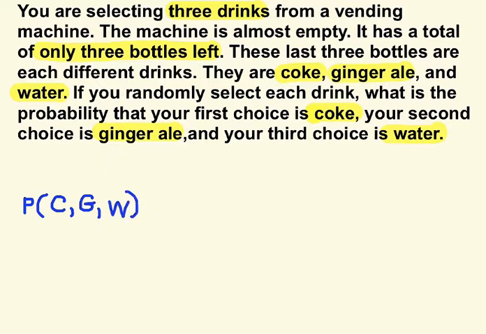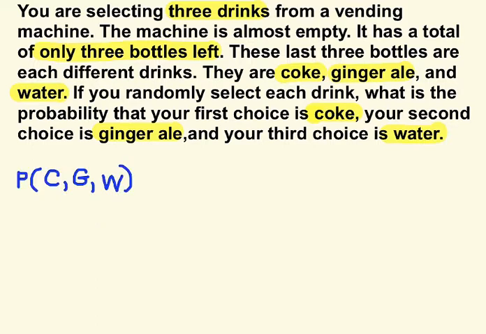So let me move this up here. When we're looking at probability, it's a ratio of our event space size over our sample space size. Okay, so I'm going to write this is the size of our event.